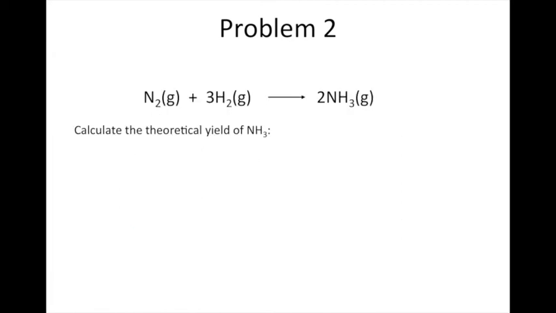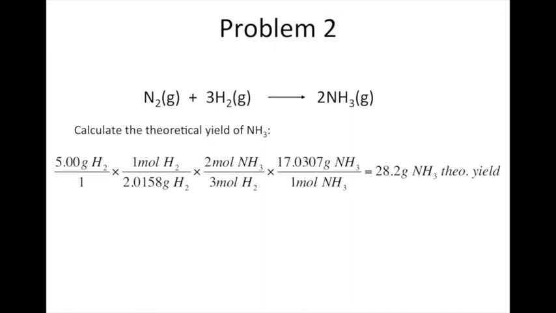So calculating the theoretical yield of ammonia, we take the 5 grams of hydrogen that we were given, and we were told we had excess nitrogen. So we convert our 5 grams of hydrogen into moles of hydrogen using the molar mass of hydrogen, H2. Then we use our balanced chemical equation. For every 3 moles of hydrogen that we have, we can produce 2 moles of ammonia.